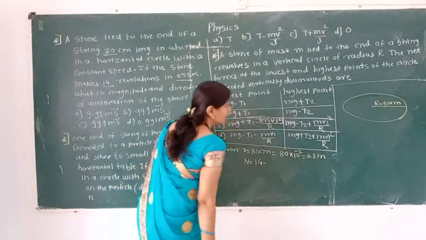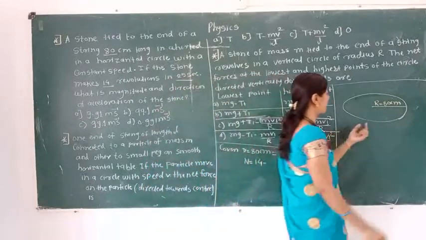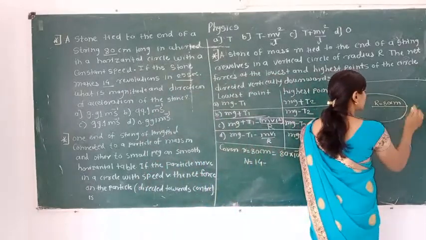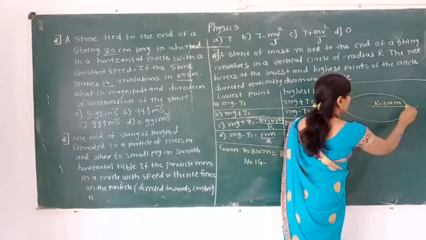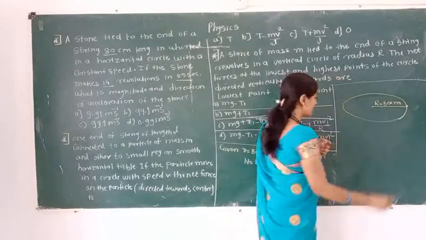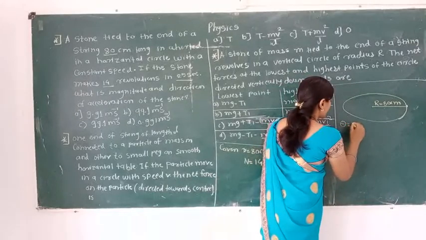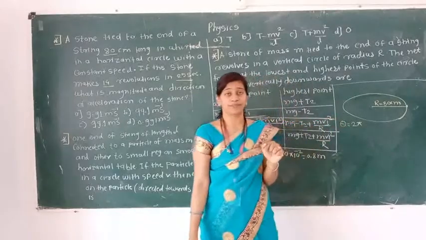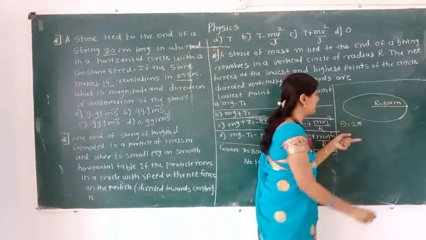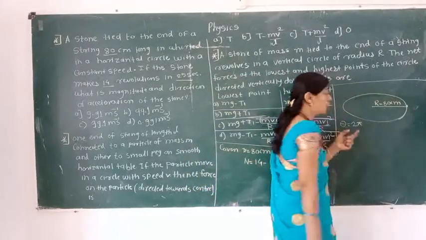N is 40. It is important. Now see what happens when a particle starts from a position and completes one revolution and reaches the same position again: the angle theta completed by the body in a single revolution is 2 pi.